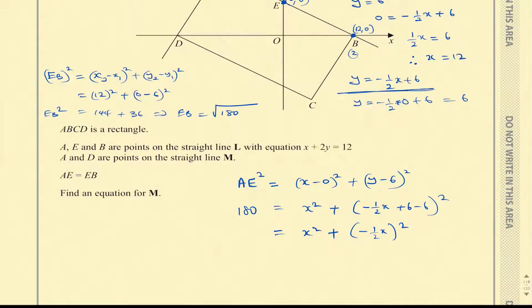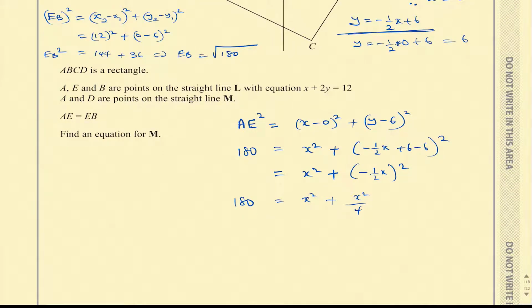And therefore we're going to have X squared plus X squared over 4, because minus times minus cancel each other out. So 180 equals that. Multiply top and bottom by 4 to keep the same denominator: 4x squared over 4 plus x squared over 4. That will give us 5x squared over 4, and that's 180.